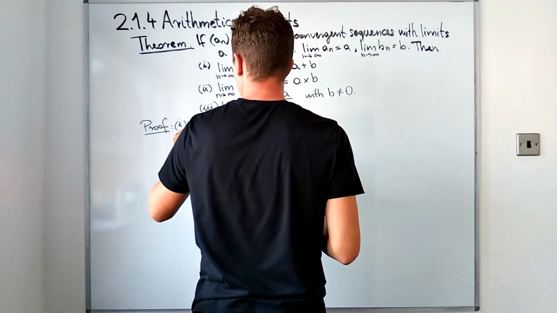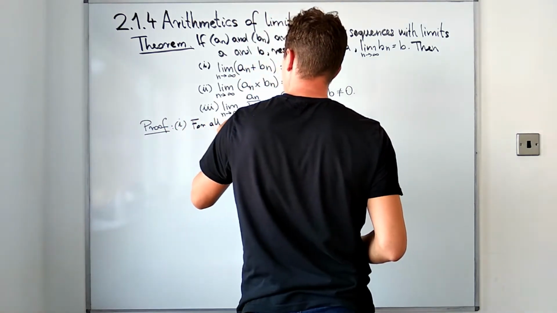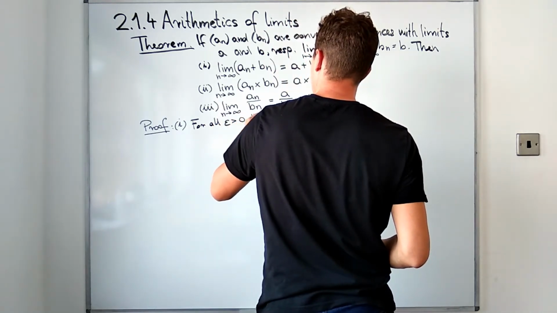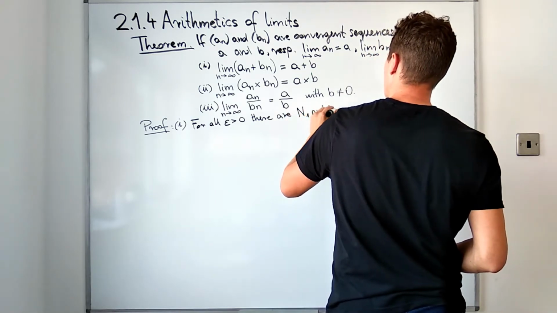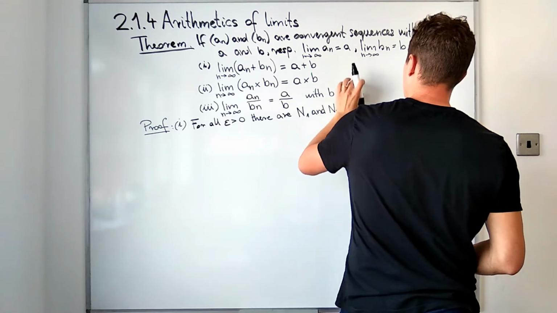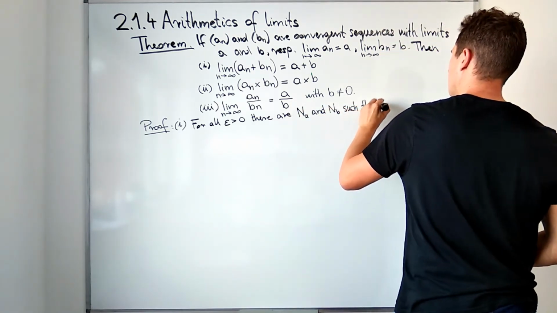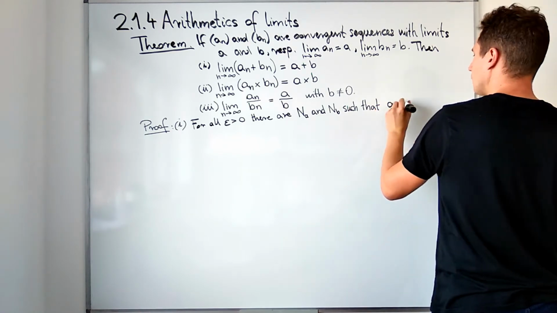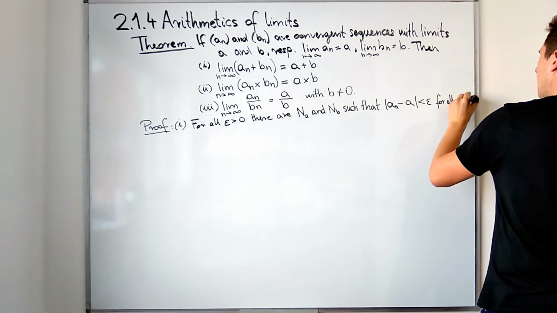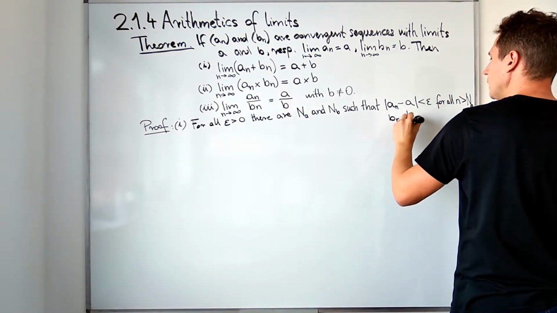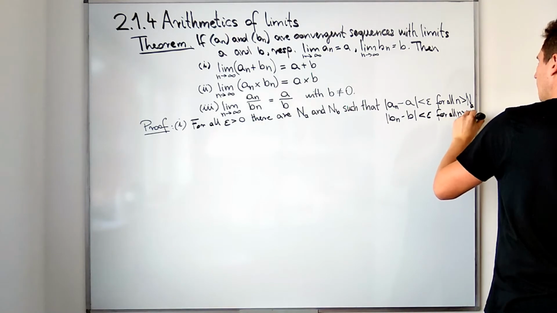Okay, so what we'll do is, since we have convergence for an and bn, we have for all epsilon greater than 0, there are indices NA and NB such that an is closer to a than epsilon for all indices greater than NA, and similarly bn is closer to b than any previously fixed epsilon for all indices greater than capital NB.